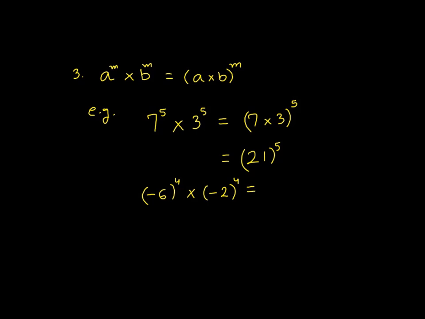Here the bases are different, minus 6 and minus 2, but the powers are the same. Power of each of these numbers is 4. So we will multiply the bases minus 6 and minus 2 and take the power as common. Minus 6 into minus 2 becomes positive 12 raised to power 4.